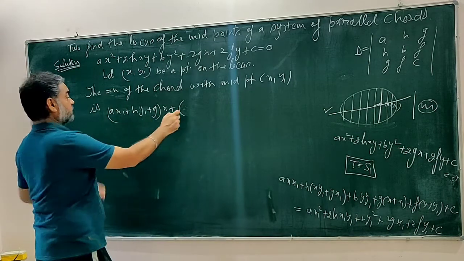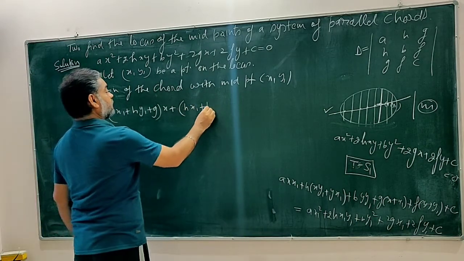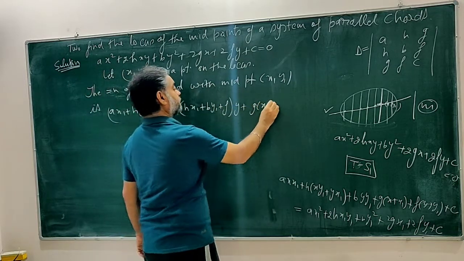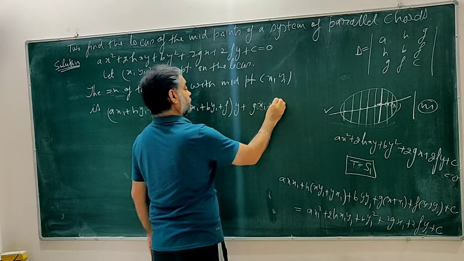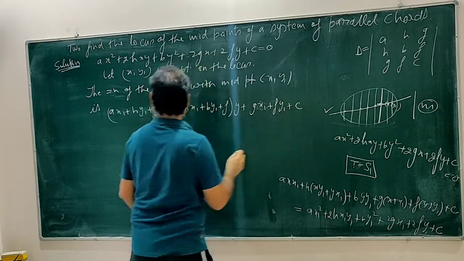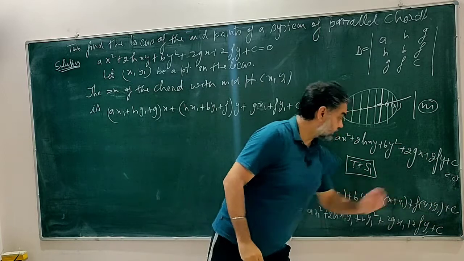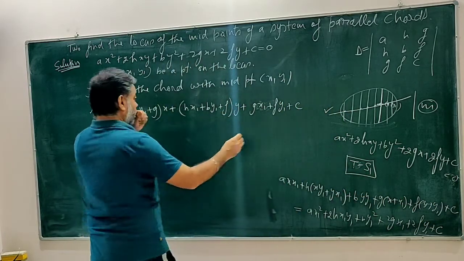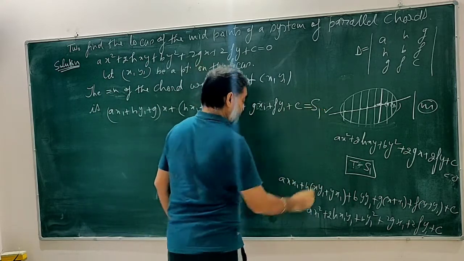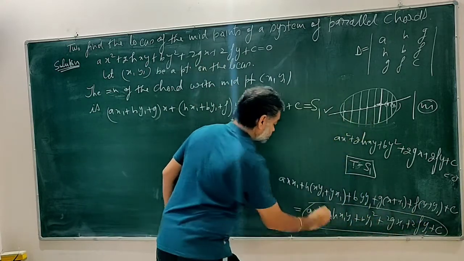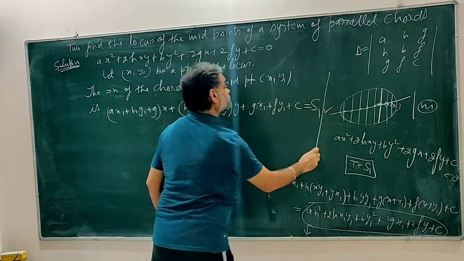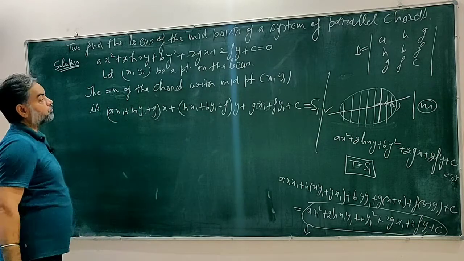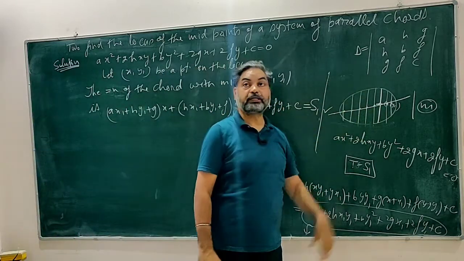So T is (ax1 plus hy1 plus g)x plus (hx1 plus by1 plus f)y plus (gx1 plus fy1 plus c), and T equal to S1 is the equation of this chord whose midpoint is (x1, y1).